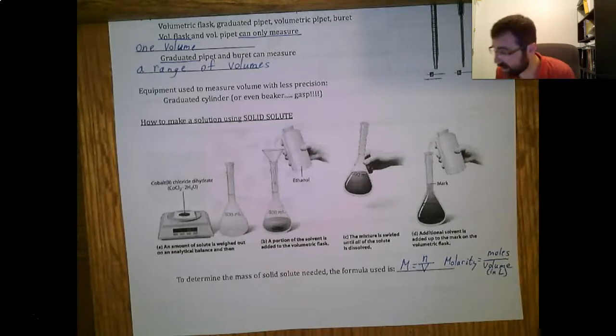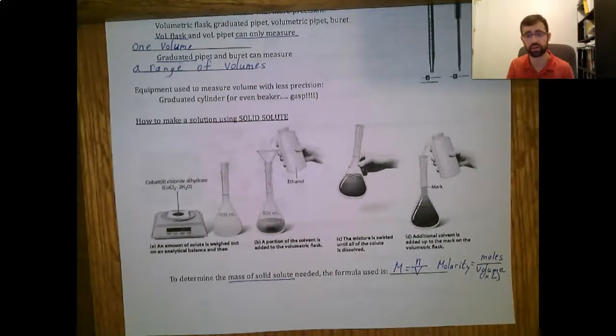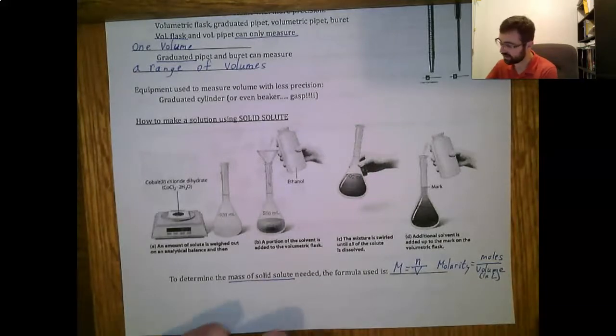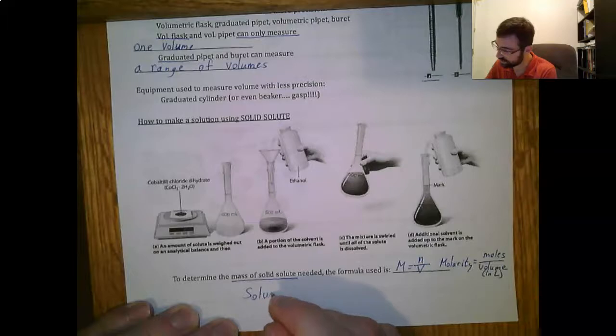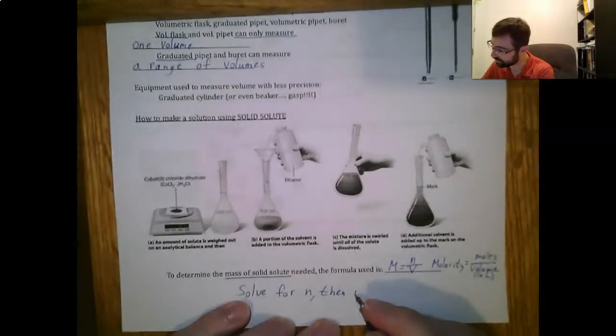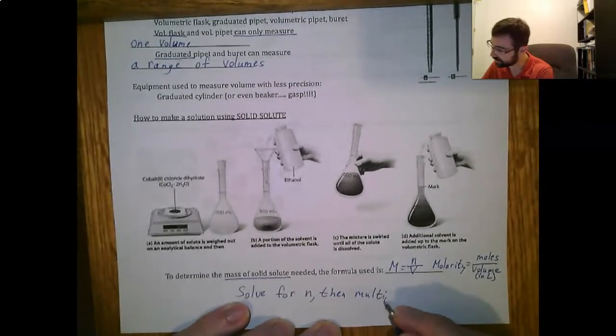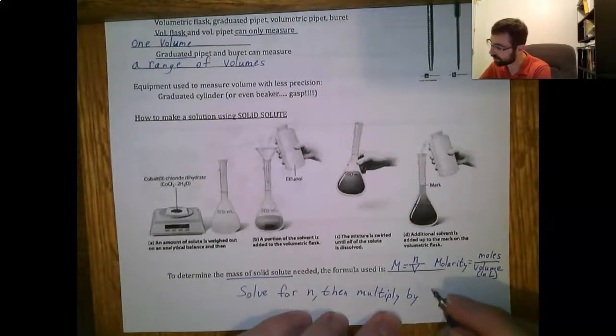Now, if I want to know the mass of solid solute that is needed for something, and I know the volume, I know the molarity, I'm going to use this formula, and then once I find N, I'm going to solve for N, then I'm going to multiply by molar mass over 1 mole.